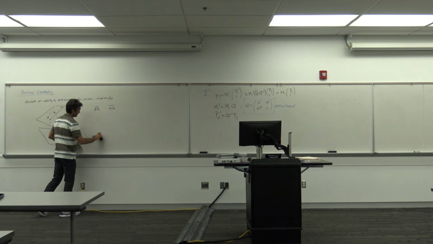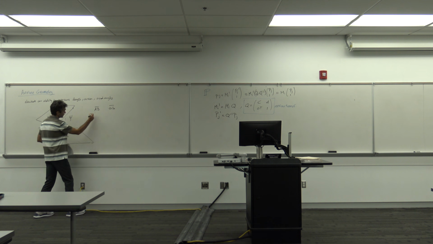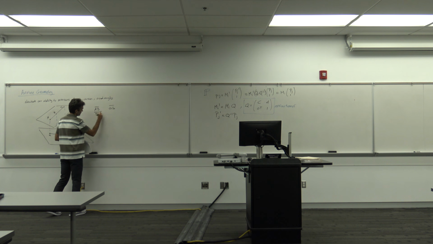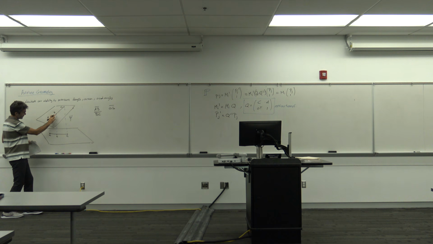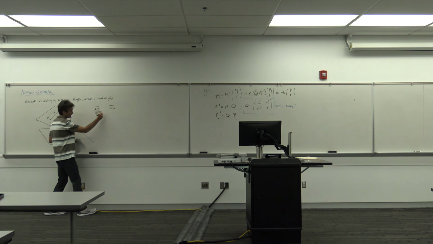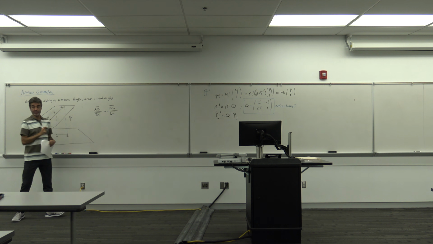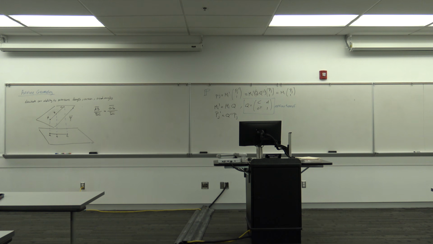But if I compute the ratio of AB and say BC, so the distance between A and B, the distance between B and C, and I compute the ratio of these two, this is equal to the ratio of these other two distances. Make sense?